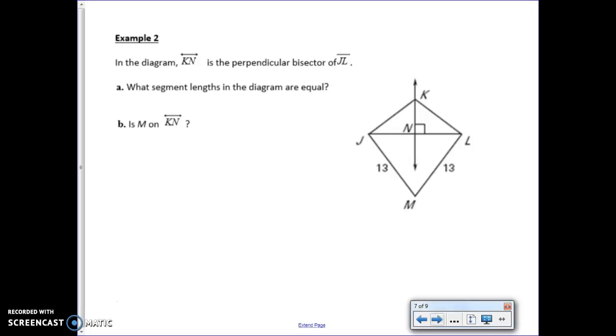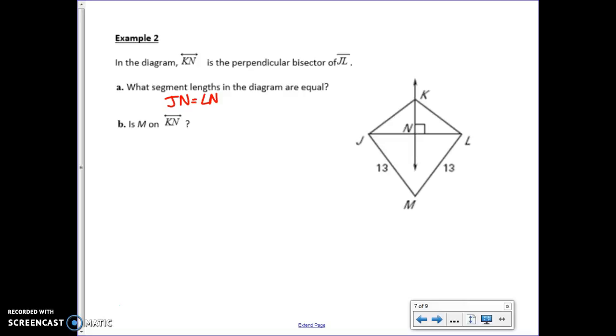Okay, so in the diagram, KN is the perpendicular bisector of JL. What segment lengths in the diagram are equal? Well, if it's the perpendicular bisector, then we know that JL is cut in half. So we know that JN would be equal to LN.